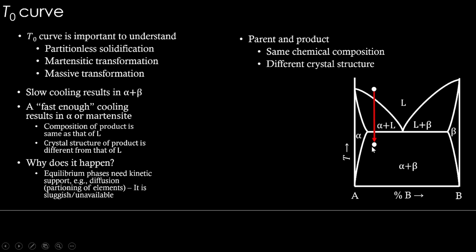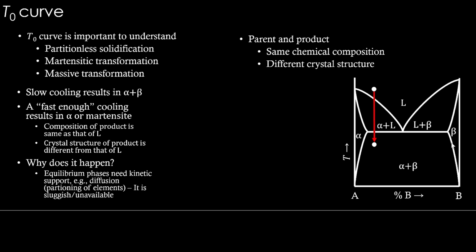Now the liquid has an overall composition which is very different from the alpha and beta compositions. So if liquid has to become alpha and beta, the overall composition, which is uniformly this particular composition here, should become alpha of very low B content and very high A content, and beta of very high B content and very low A content, right?